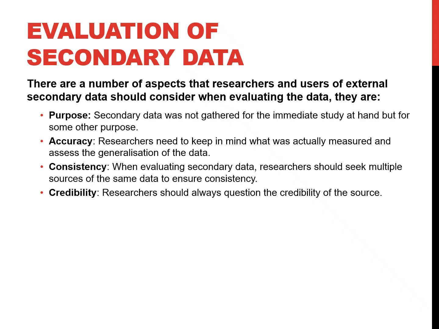The credibility is always an issue. Even in academic journals, some of the journals differ in terms of credibility. So one wouldn't accept what an article says in one particular journal as opposed to another journal. So one needs to have a look at the actual source of the information as well.